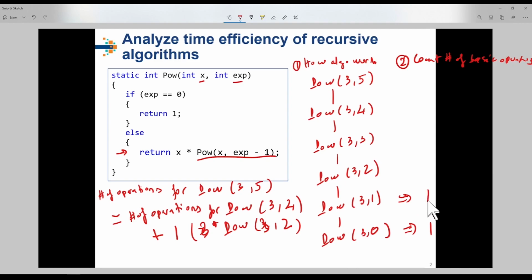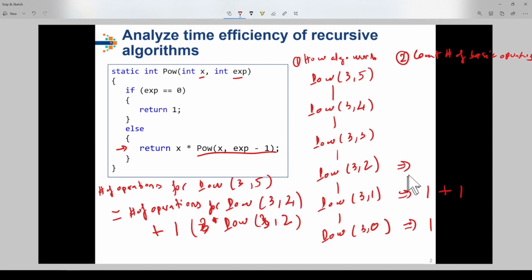Now, this one equals whatever 3, 0 is plus 1. So it means that 1 from here together with 1. This 1 is x multiplied by power x exponential minus 1. So in here it is 3 multiplied by power of 3, 1 minus 1, which is 0. So 3, 2 will equal whatever the number of operations of 3, 1 is, together with 1. So this one is equal to 2.